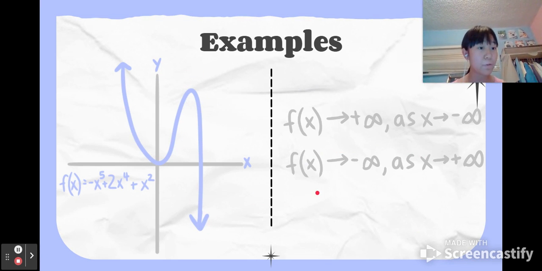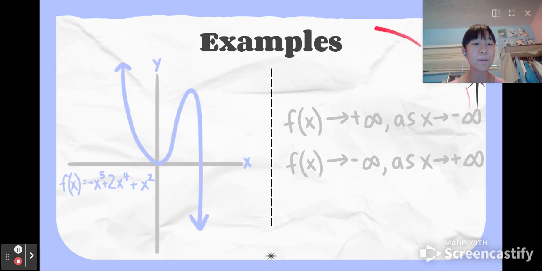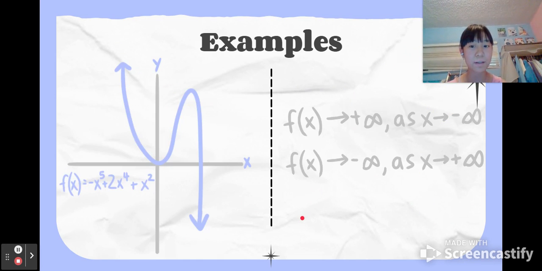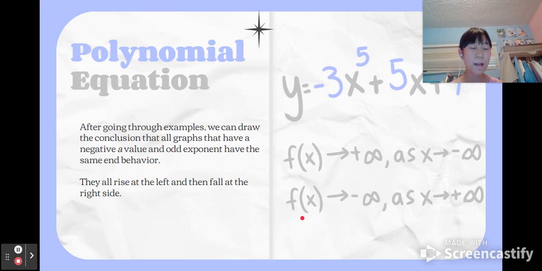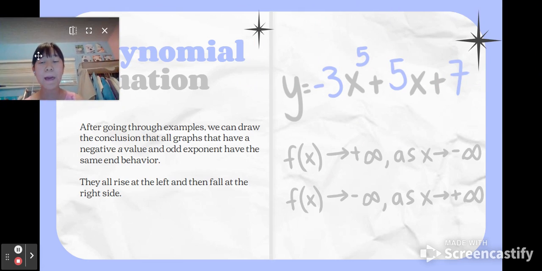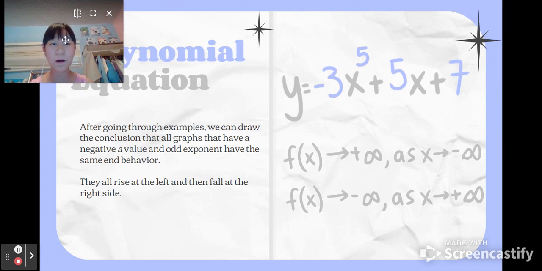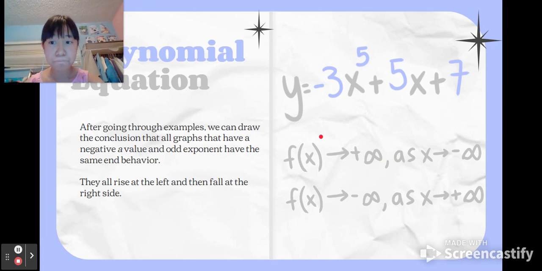And as I said before, it is exactly the same. The end behavior right here is exactly the same, as well as the ends of the graph, as the previous graph we just looked at. So now we know that when a is less than 0 with an odd exponent, it has this exact end behavior, and the graph will be rising on the left side and falling on the right side.